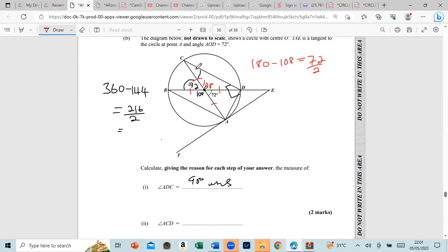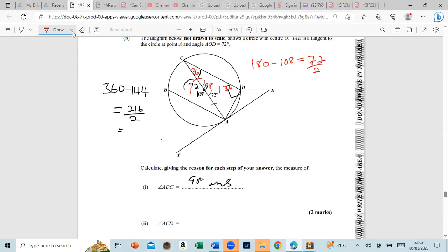So this is 36, and this is also 36. All of these are 90, but these are 36. So 90 minus 36 works out to 54.